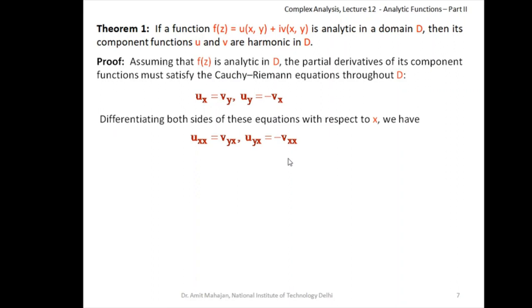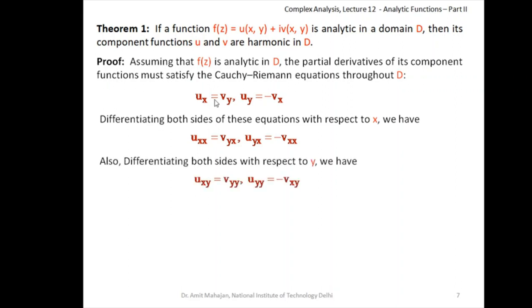So this is one set of equations. Similarly, if we differentiate the Cauchy-Riemann equations with respect to y, then differentiating the first equation with y means u_xy equals v_yy, and u_yy equals minus v_xy. So we obtain these two equations.